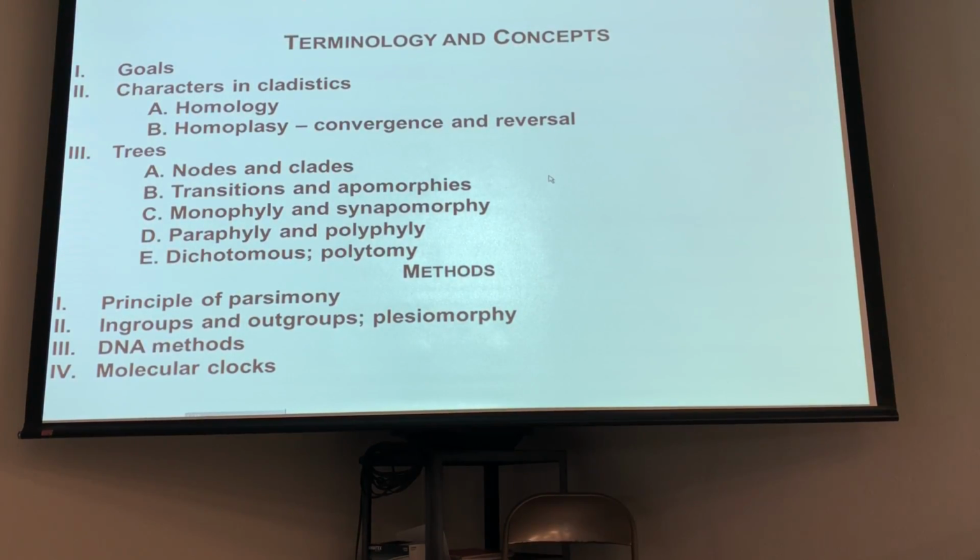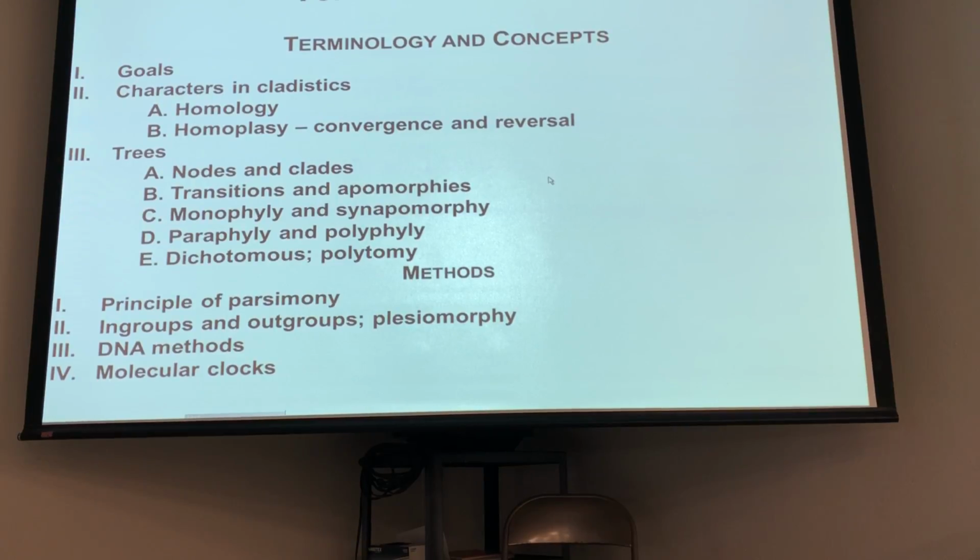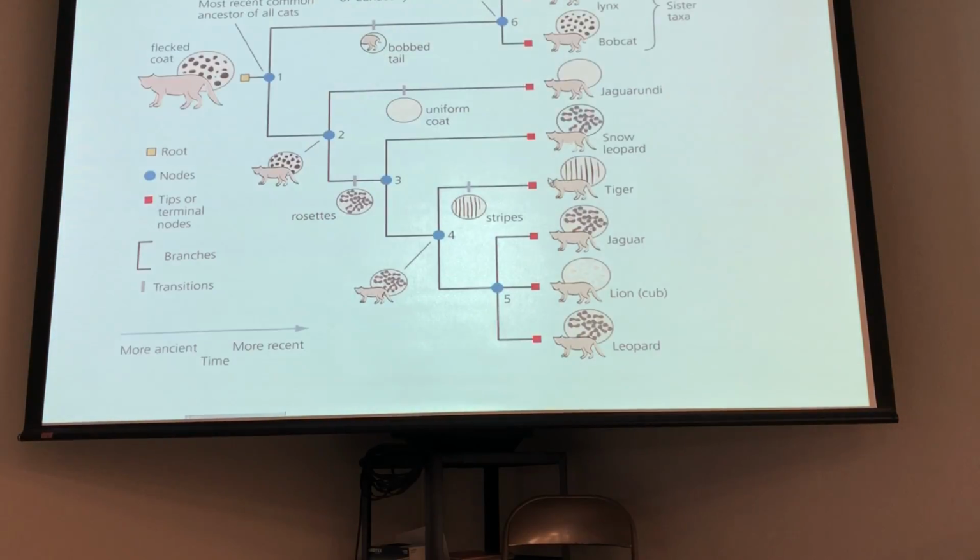We have plesiomorphies, apomorphies, synapomorphies, paraphyles, polyphyles, and monophyles. This is simply the nature of the beast, and it's the sort of thing you're going to have to work through. I will say your textbook actually has very good descriptions of these, and it's well worth reading through those as well as looking at the lecture.